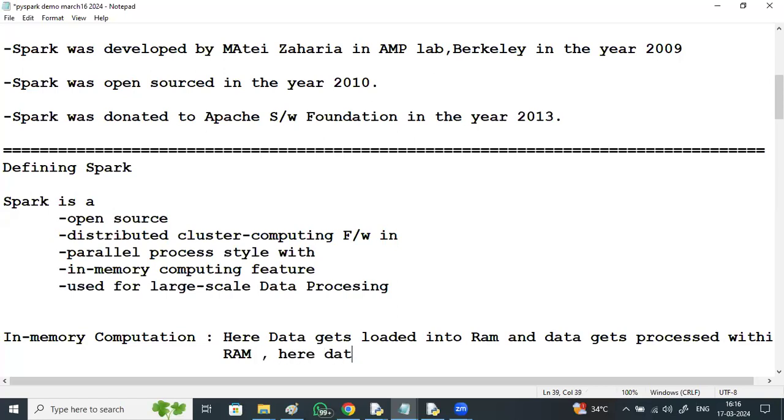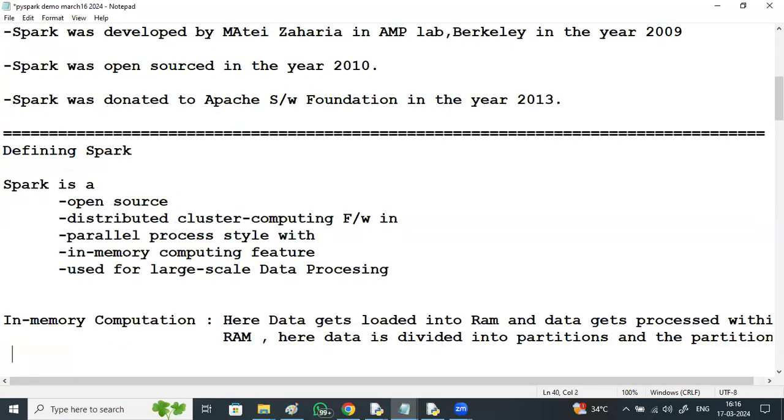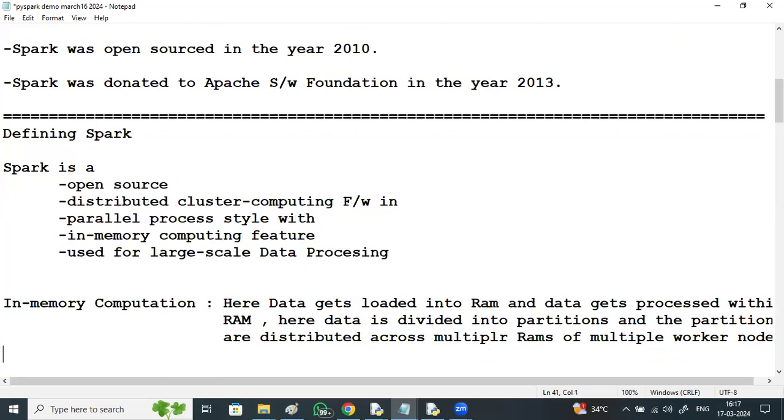Here, data is divided into partitions, and the partitions are distributed across multiple RAMs of multiple worker nodes and processed in parallel.